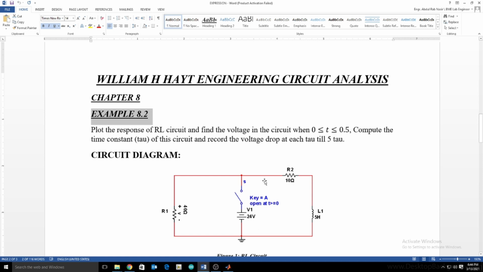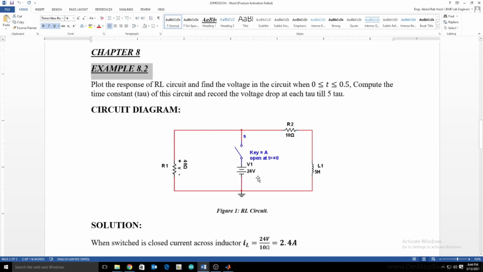So the voltage across this path will be 24 and the resistance will be only 10 ohms, as this is acting as a short path. So the formula we can apply is simply Ohm's law, and we can find the current in the circuit like this. So the current of the inductor will be 2.4 ampere, and when the switch is open and it is not providing the voltage to the circuit, this will act as a battery or a source.